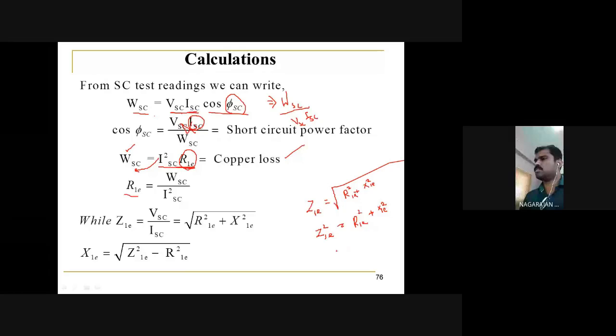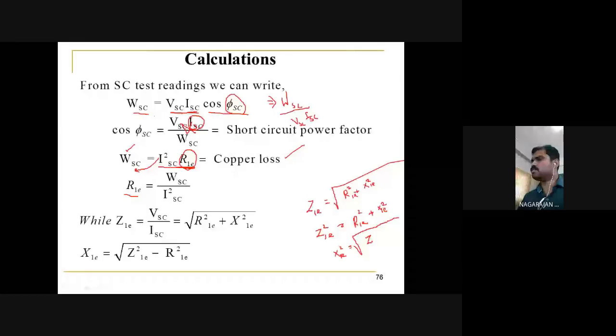From this, X1E is equal to the square root of Z1E square minus R1E square. Okay. Sorry.